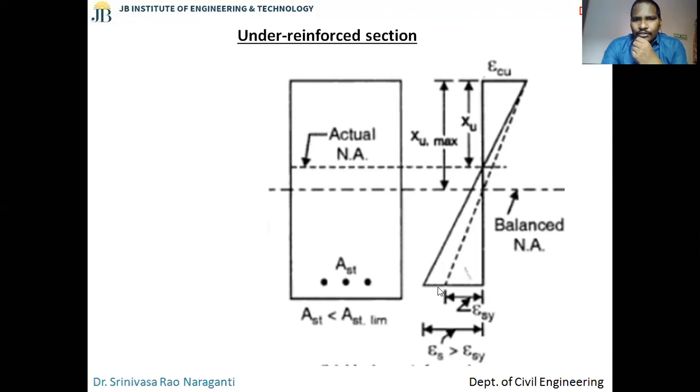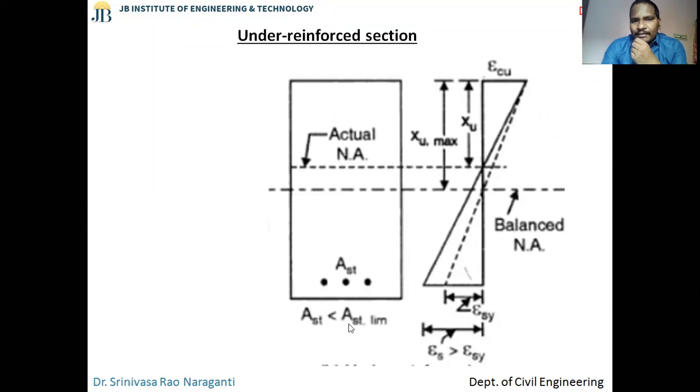But in an under reinforced section, the strain is more in the steel, whereas in the concrete it is the same. The dotted line shows the balanced section. For the concrete it is the same, but the strain in the steel is more in the under reinforced section. That means your steel will fail first in under reinforced sections. Again, if you look here, the area of reinforcement of an under reinforced section is less than that of a balanced section.